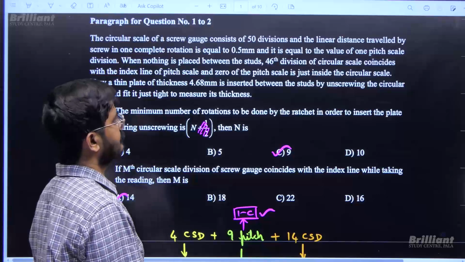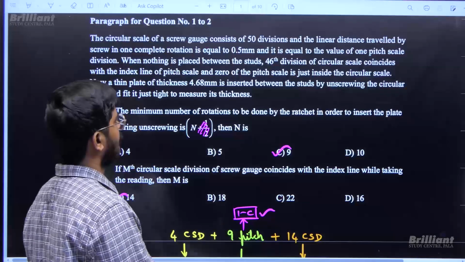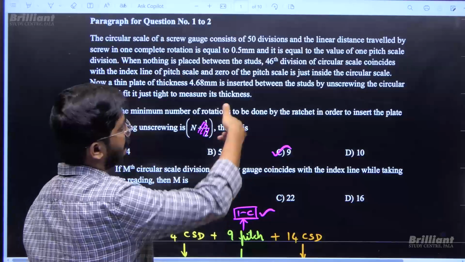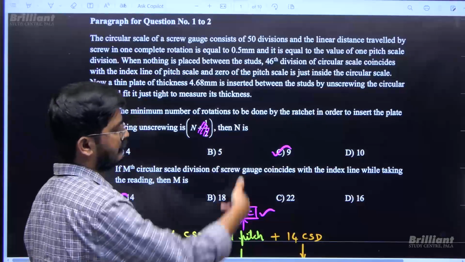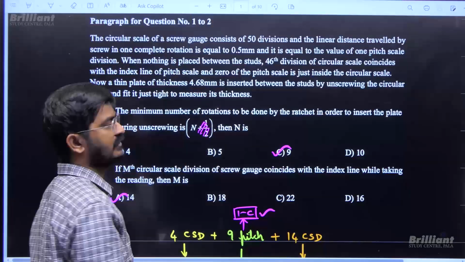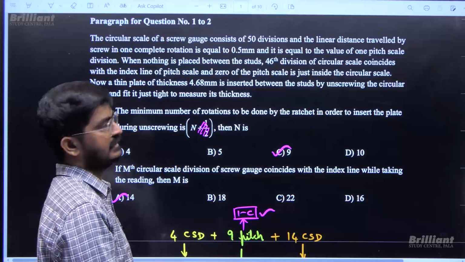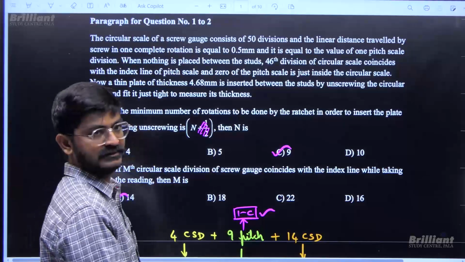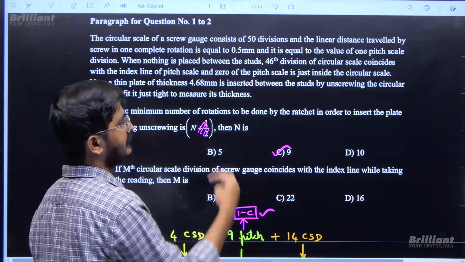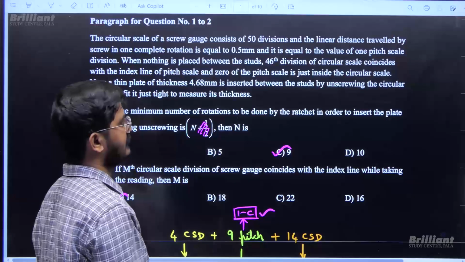So if you rotate this circular scale by one division, the movement is going to be 0.01 mm. If you rotate 9 full circles, you will be getting 4.5 mm, and apart from 4.5, the extra is 0.18. So you have to rotate 18 circular scale divisions. That is 9 full circles plus 18 extra circular scale divisions.